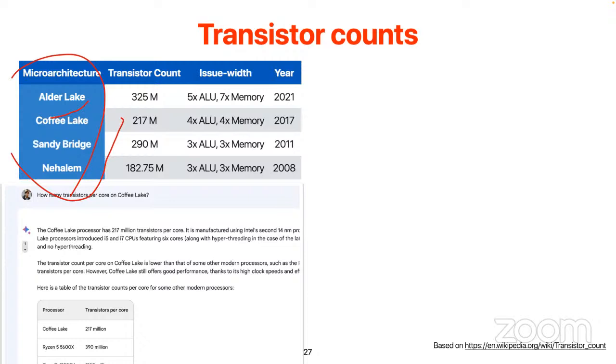The reason I had to ask Bard, or that it's so difficult to look up this information, is that Intel considers the transistor count of their processors a top secret. They never tell you exactly how many transistors each core uses. They only tell you the total number of transistors in the processor.